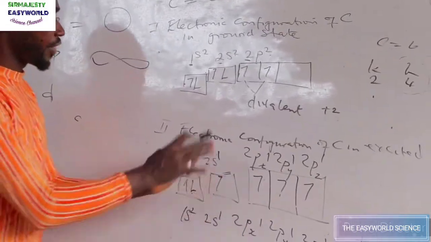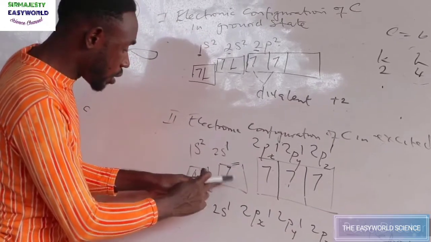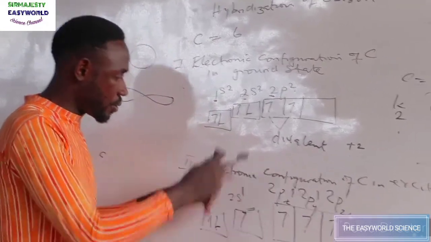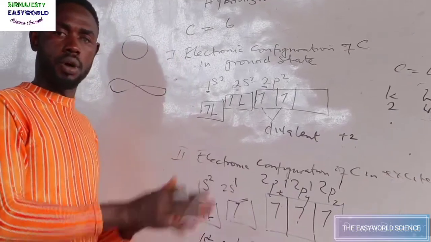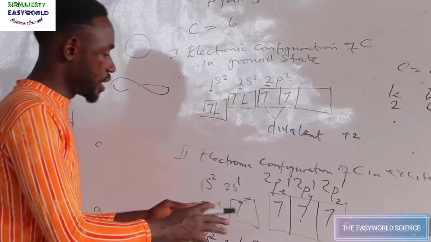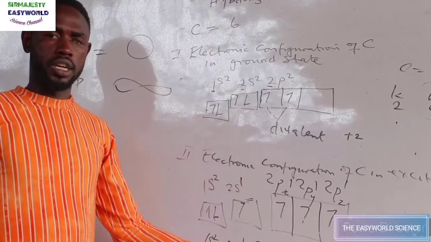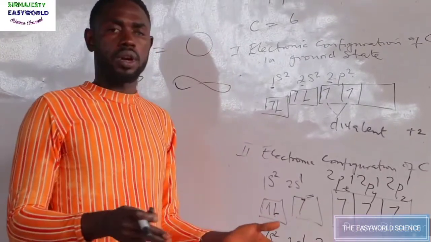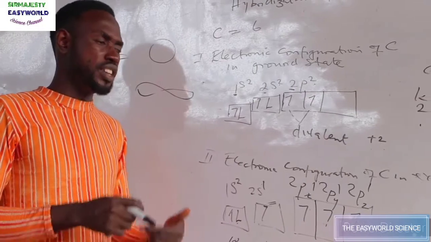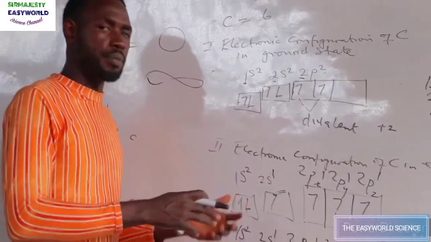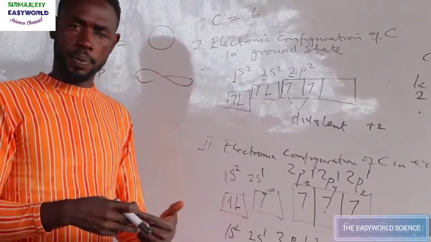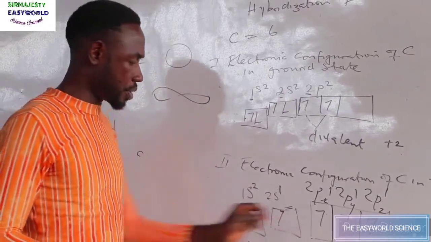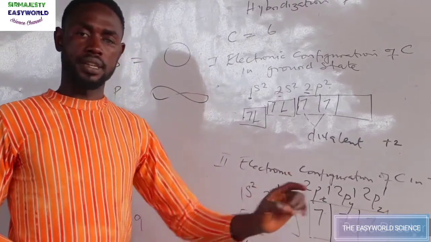Out of these 4, 3 are in P, and 1 is in S. And remember, S is spherical, and P is dumbbell. So imagine using these 4 to form bonds. It will give you bonds of unequal length and strength. Therefore, there is a need to harmonize, to make them uniform, to make them overlap, and look similar in terms of energy and shape. And that process is what we call hybridization.